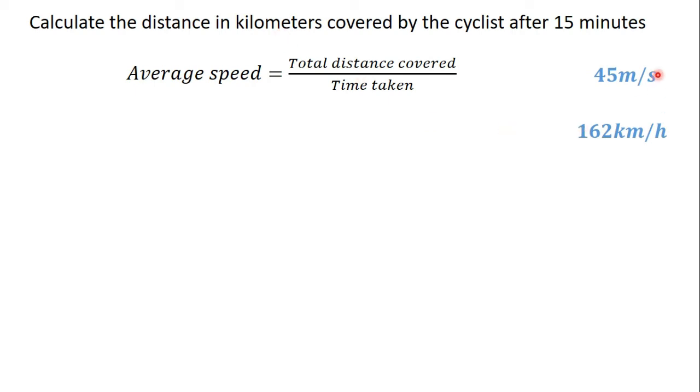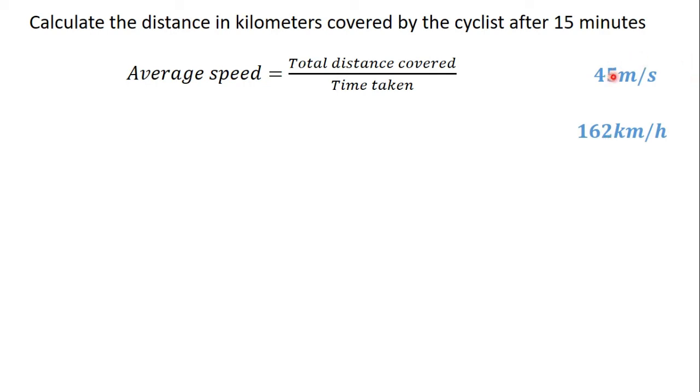If we use the first one, which is meters per second, we are going to have the distance in meters. After that, you will have to convert it to kilometers. But if you use the second one, we will have our distance in kilometers and there will be no need to convert. So it will be advisable to use the second one because in an examination, you want to save time.